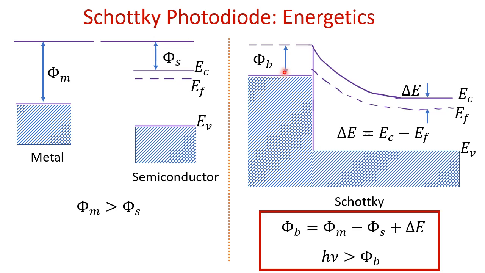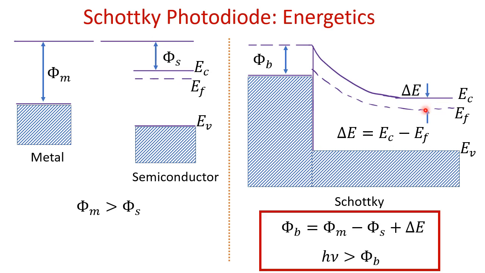So the binding energy that is required to do that is basically the difference between the work function associated with the metal minus the work function associated with the semiconductor, plus this delta E, which is basically the difference between the impurity level of the n-type doped semiconductor and the conduction band, right.